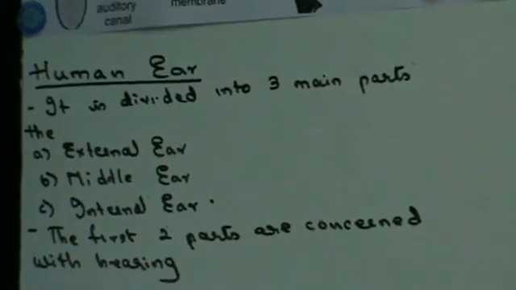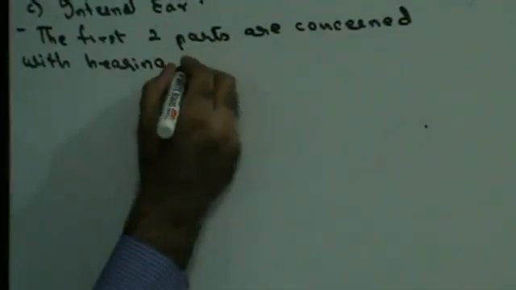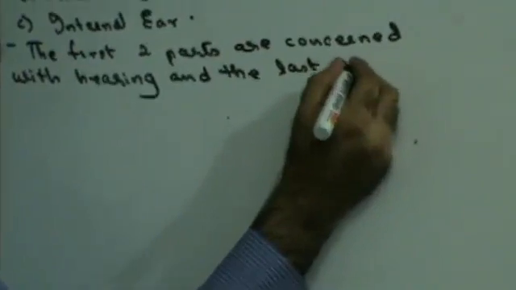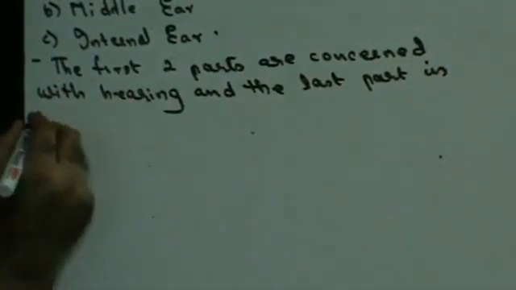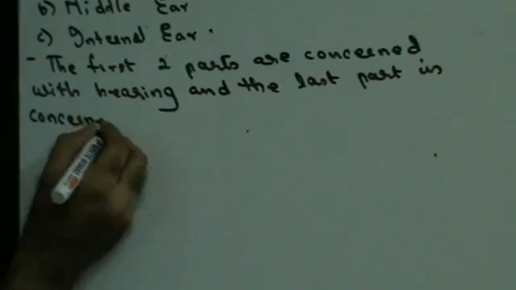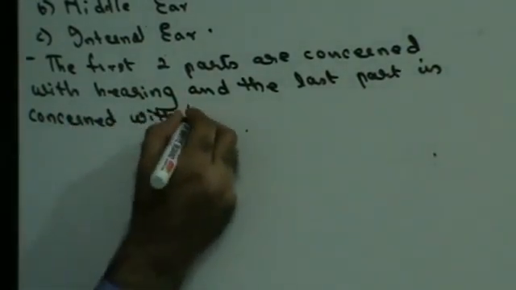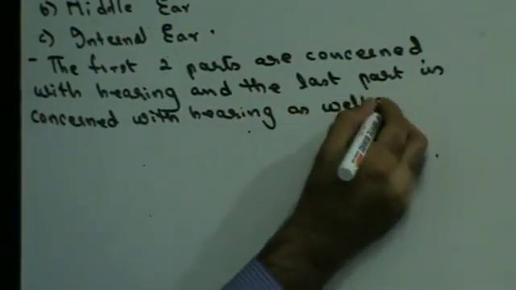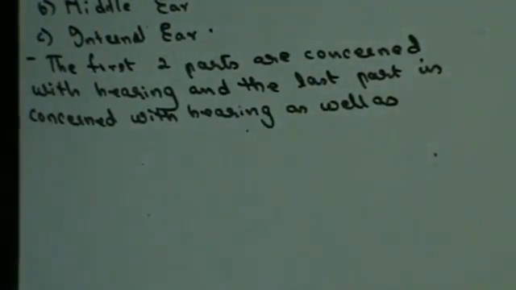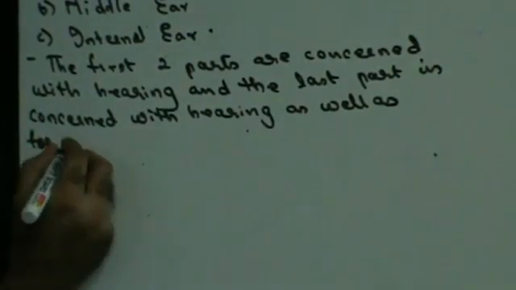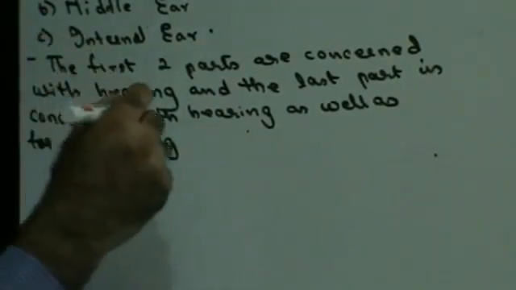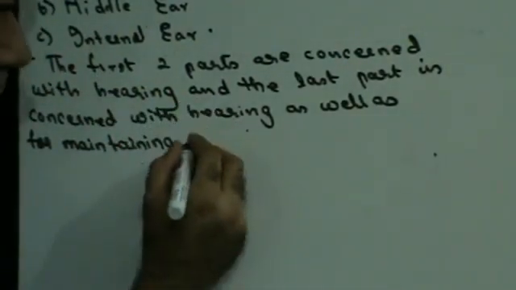The last part, the internal ear, is concerned with hearing as well as for maintaining equilibrium and posture of the body.